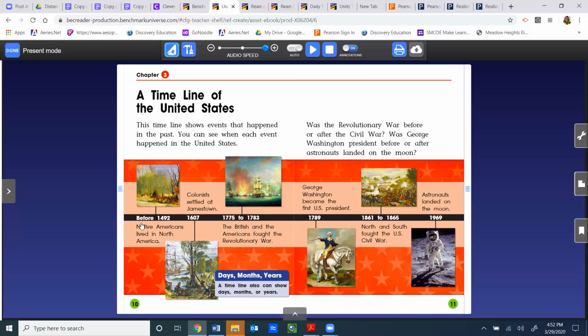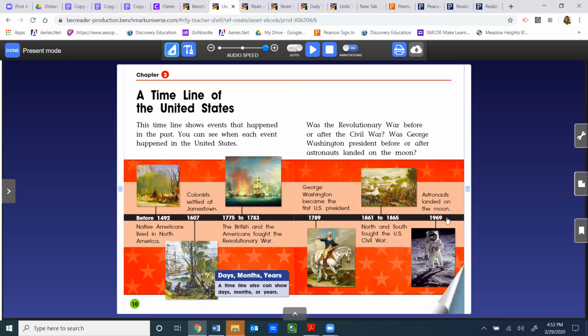Before 1492, Native Americans lived in North America. Colonists settled at Jamestown in 1607. From 1775 to 1783, the British and the Americans fought the Revolutionary War. 1789, George Washington became the first president. 1861 to 1865, North and South fought the U.S. Civil War.